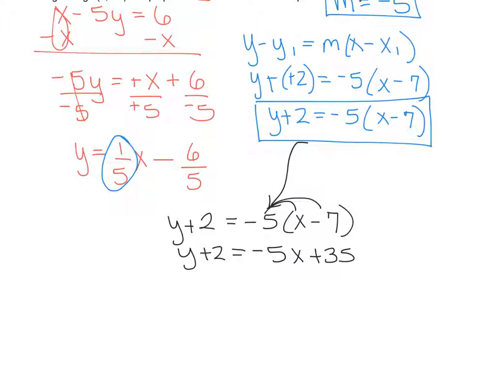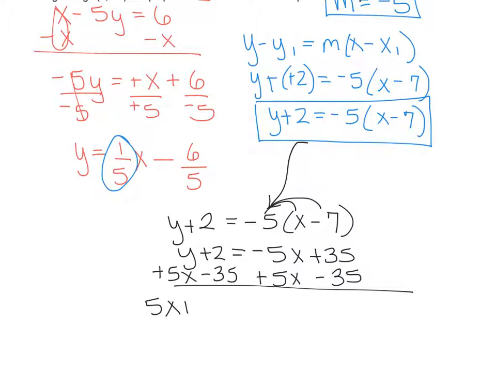Now I want all my terms on the left side, so I'm going to add 5x to both sides and subtract 35 from both sides. When I do that, that will give me 5x plus y plus 2 minus 35 equals 0.